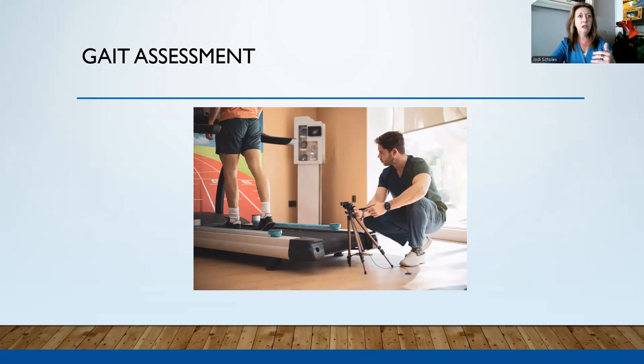Do you need help with pronation, supination? We're not going to get to that level of assessment, but I want you to know about gait assessment.